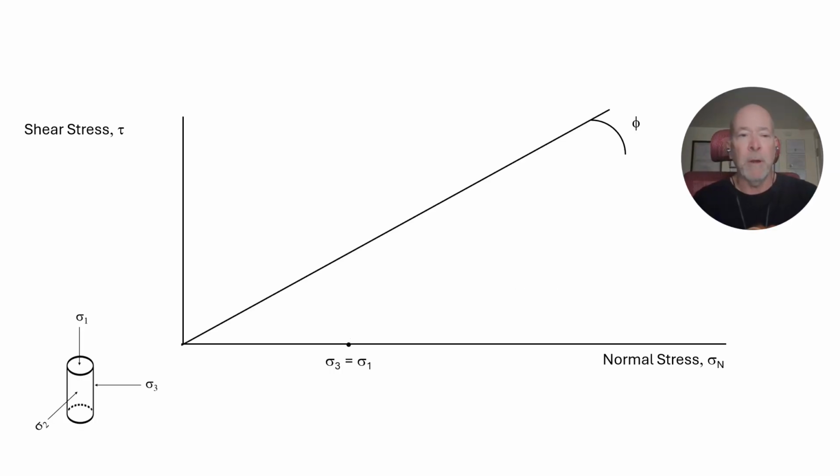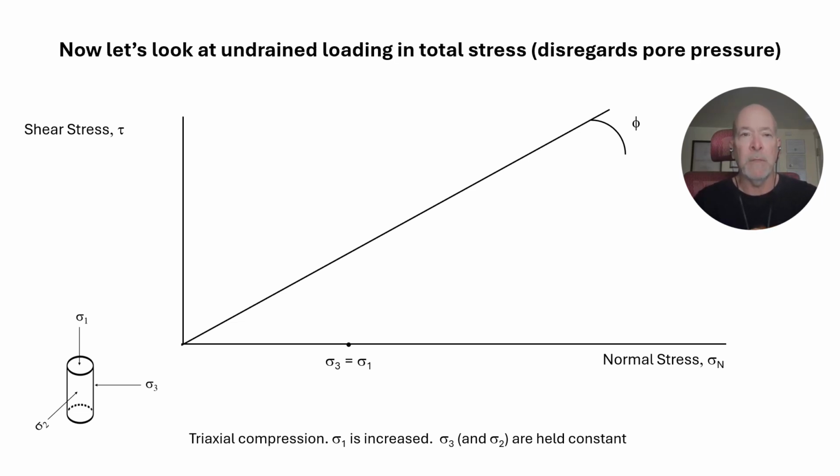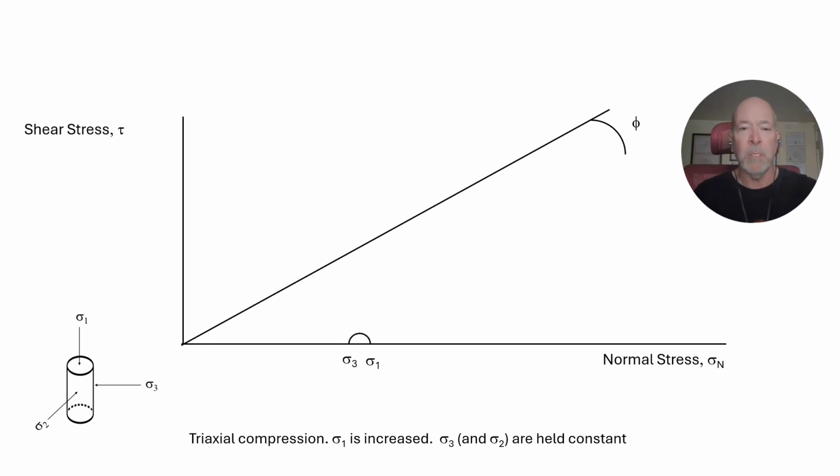If we put our failure envelope up there, and remember our orientation of stresses on the triaxial specimen, in triaxial compression, sigma 1, the vertical, is increased, and sigma 2 and 3 are held constant. So if we look at total stress, currently disregarding pore pressure, we start generating a circle.